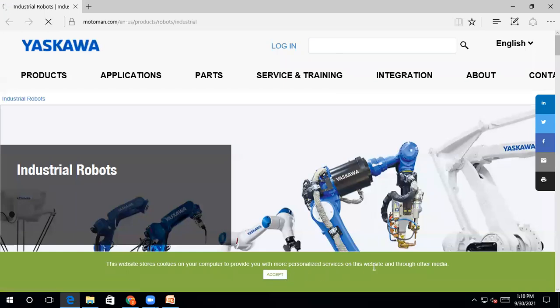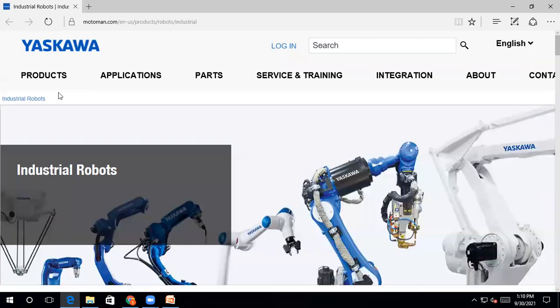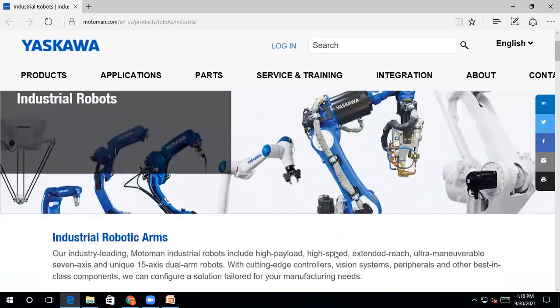See that, this is Yaskawa, the company which manufactures the robots.